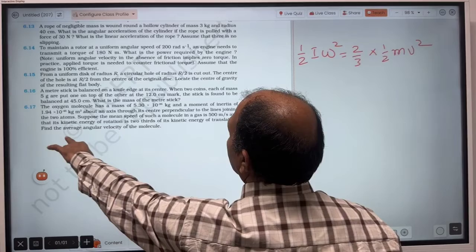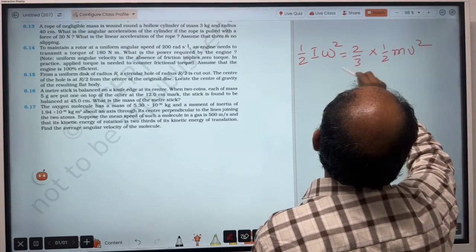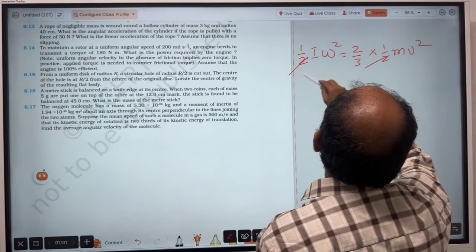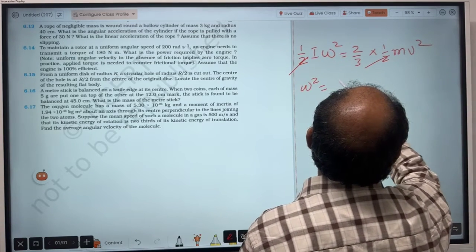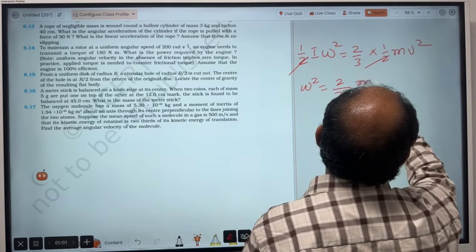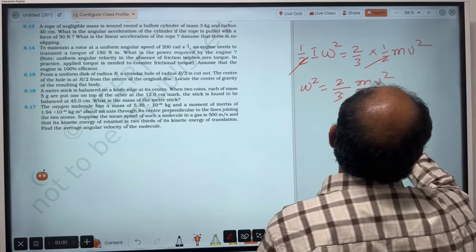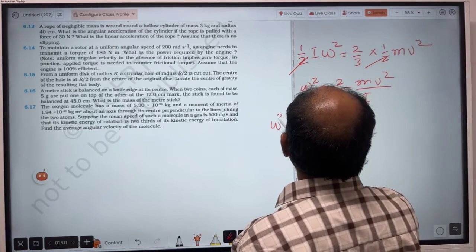Our concern is to get angular velocity. It means we have to find out omega. So here 2 will get cancelled. So we will get omega square equal to 2 upon 3 mv square divided by I. Nothing more. Question simple. Just put the values.